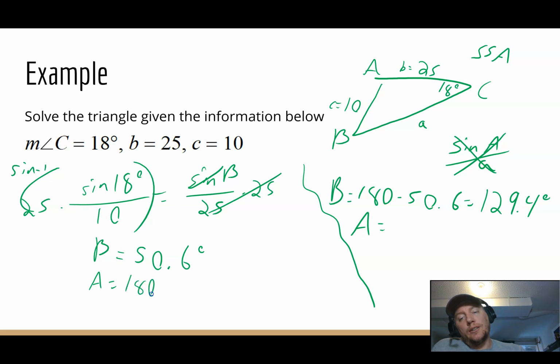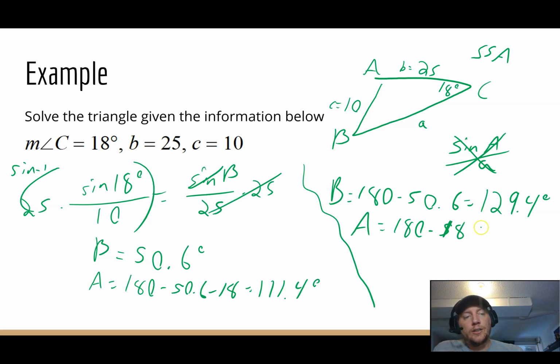So 180 minus the two angles I know gives me a positive angle, so that one is a potential. Over here, 180 minus 18 minus 129.4 gives me a positive angle.